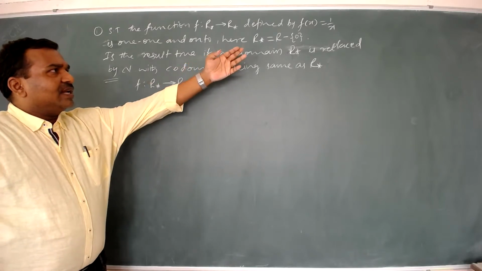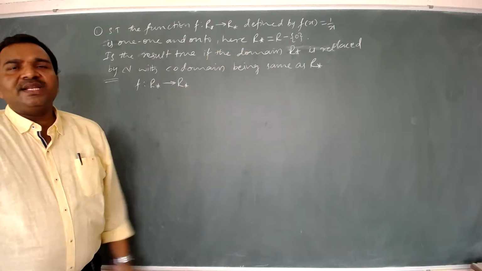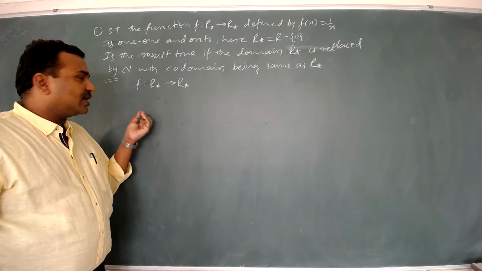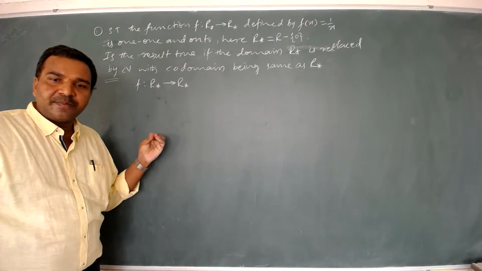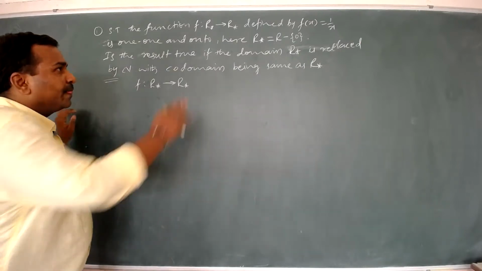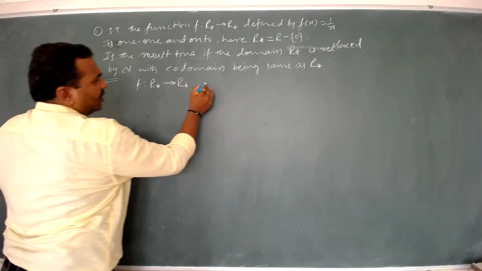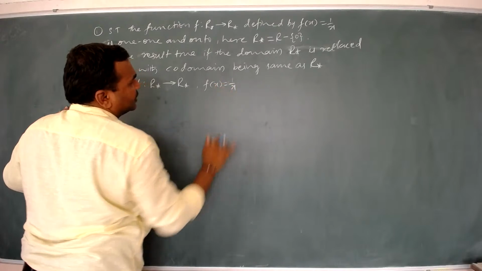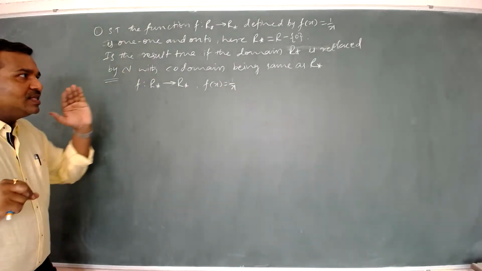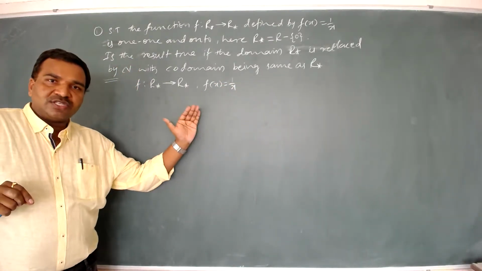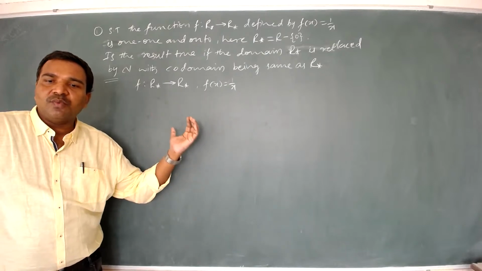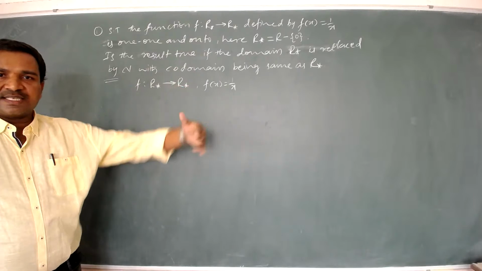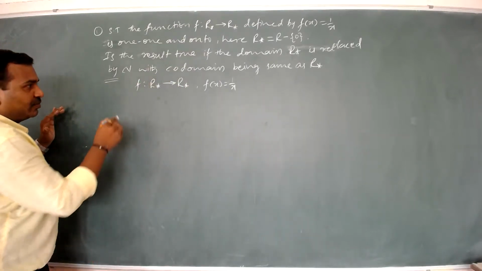So R star is nothing but R minus {0}, the set of all real numbers except 0. Now, how is the function defined? F of x equals 1 by x. Now we have to prove this function is both one-one and onto. First part, we will prove now. Second part we will discuss again.